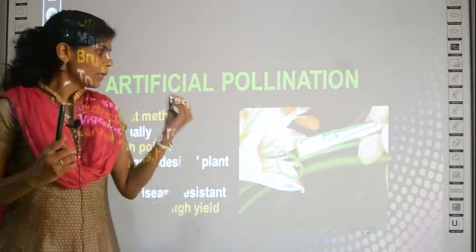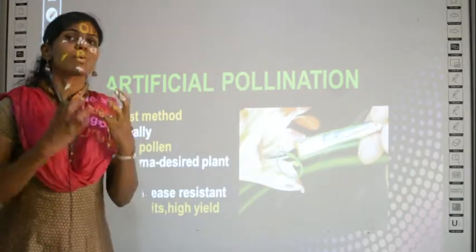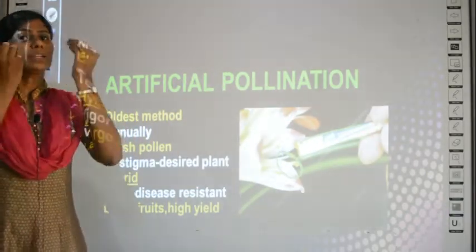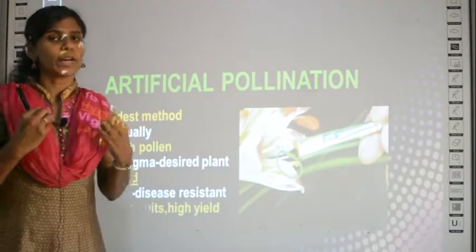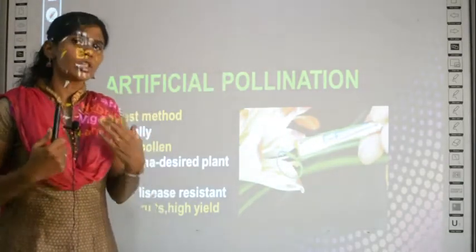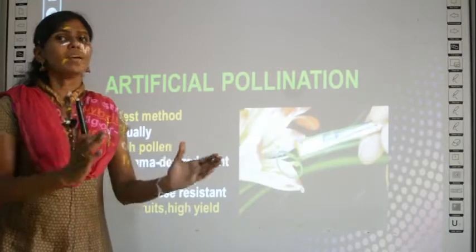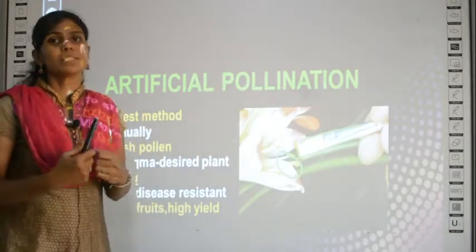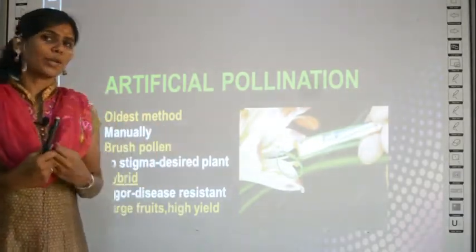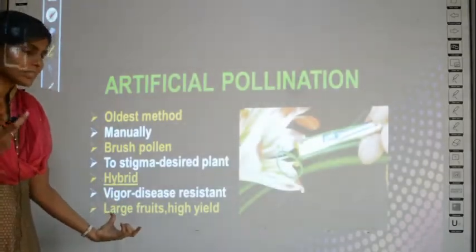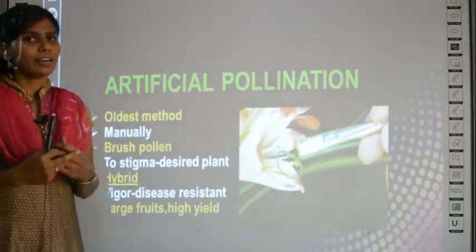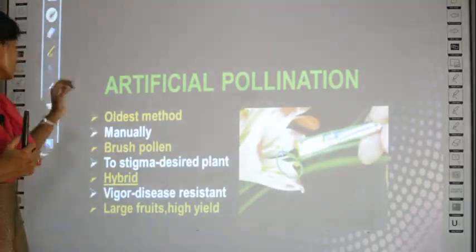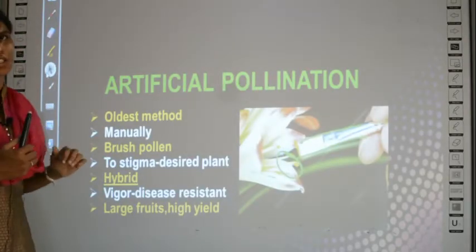Why like that? Because we select pollen grains from a good plant and give them to the stigma of another good variety of plant. Since it is man-made, we select only the best and then make a plant. That's why it gives larger fruits and also higher yields. This is the oldest method of pollination.